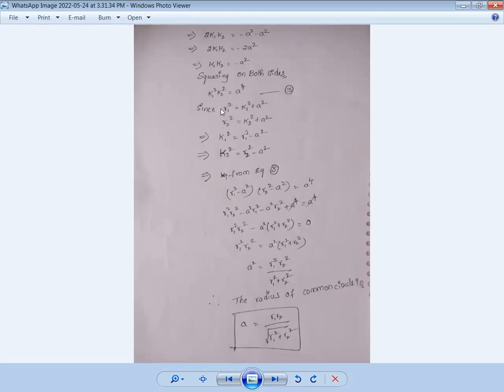What is the third equation? k1 square into k2 square is equal to a power 4. k1 square is r1 square minus a square, and k2 square is r2 square minus a square, equal to a power 4. On multiplication, r1 square r2 square minus a square r1 square minus a square r2 square plus a power 4 is equal to a power 4. a power 4 cancels, so r1 square r2 square minus a square times r1 square plus r2 square is equal to 0.